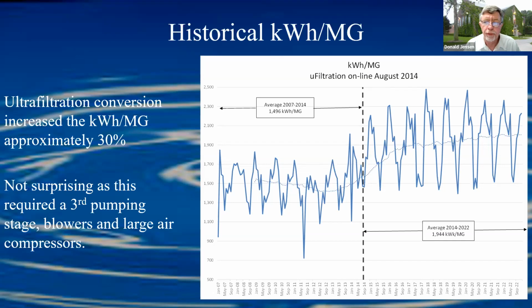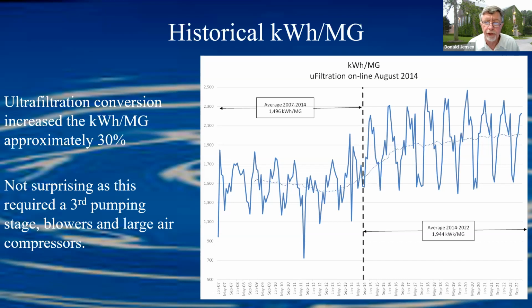But we saw about a 30% increase in energy, which is not surprising because there's a third stage of pumping required in the ultrafiltration system. We pump it out of the lake with raw water pumps into filtration, the basins or the cells where the fibers live. And then we have a vacuum pump that draws the vacuum on those fibers to deliver it into our clear well and then out to the distribution system.